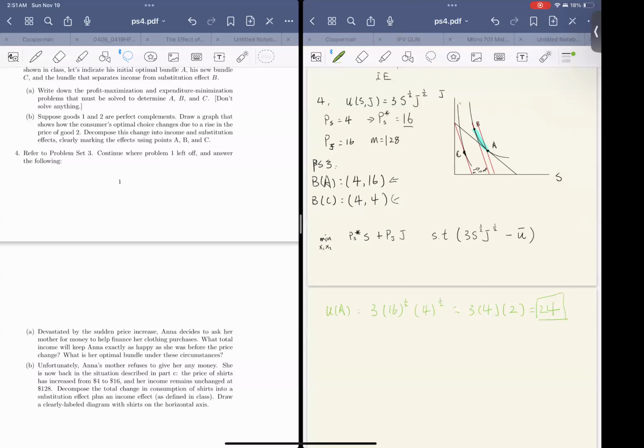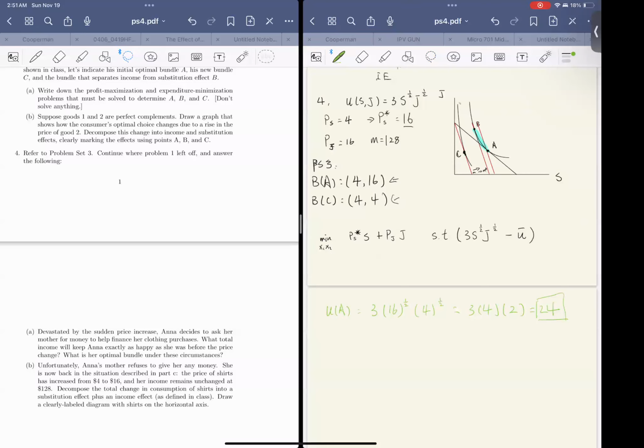So this is kind of a scenario where the M, the income, just magically disappears, because we were trying to find how much income.